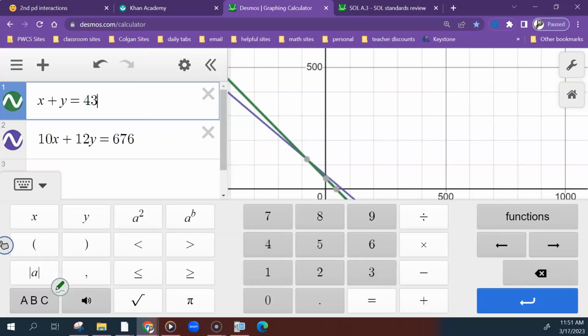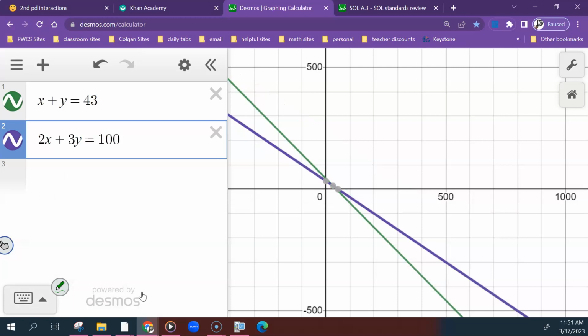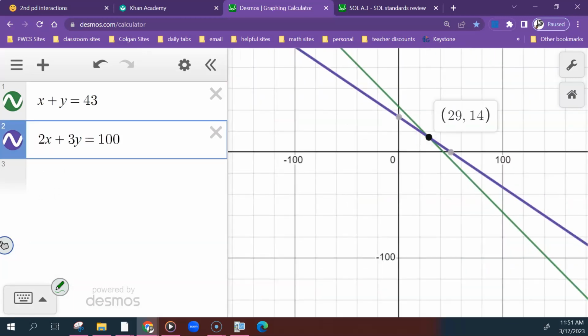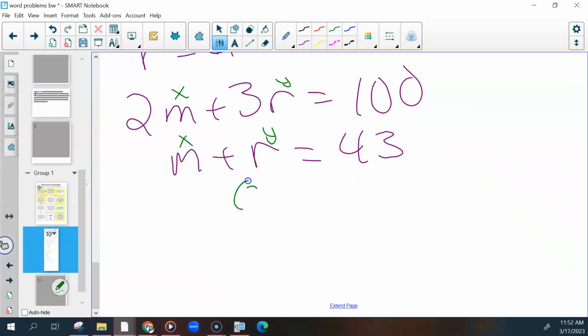So 5 equals 43 and 2x plus 3y equals 1. 29 and 14. Which one are we looking for? Y. 14.